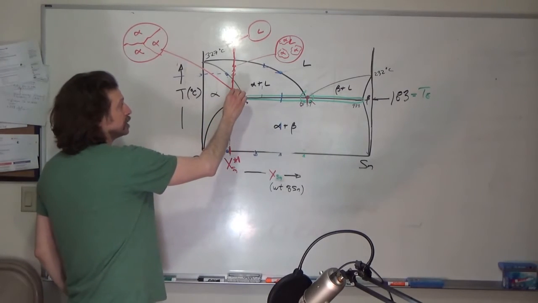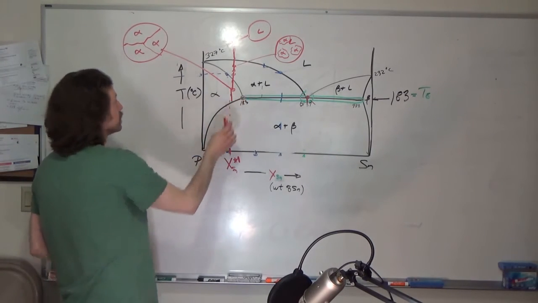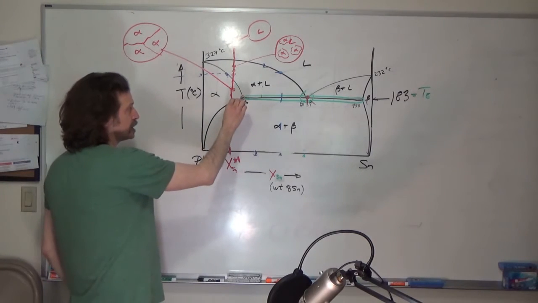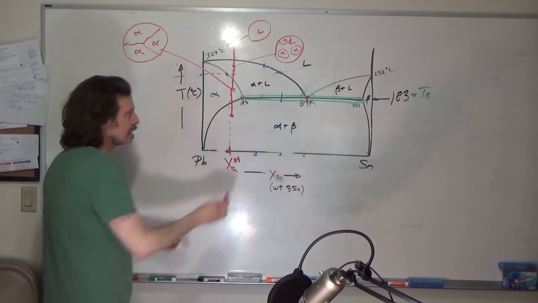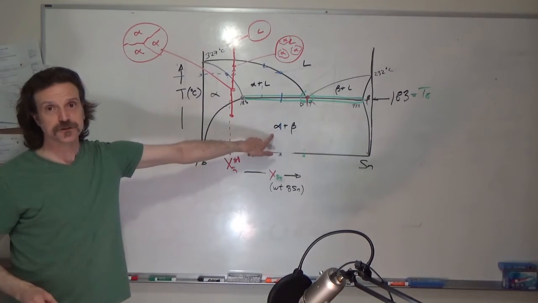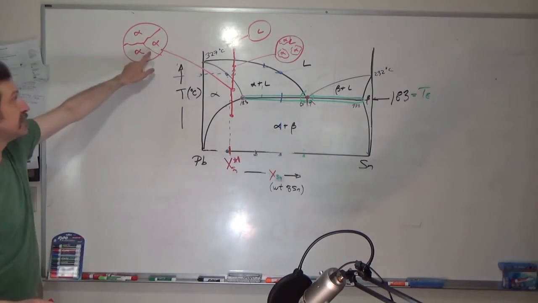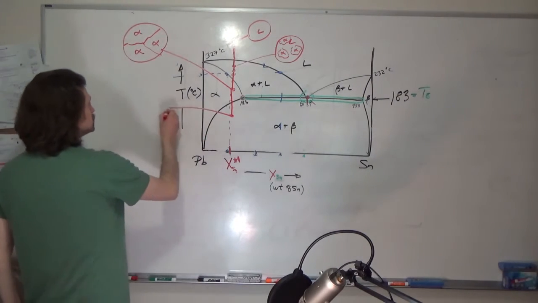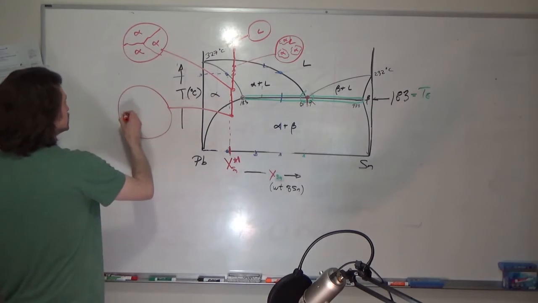Now I keep cooling. As I keep cooling from this, I again cross a phase boundary, and now I've entered the two-phase region of alpha plus beta. Now that means that this alpha region has to transform, and what it transforms to is something that looks like this.